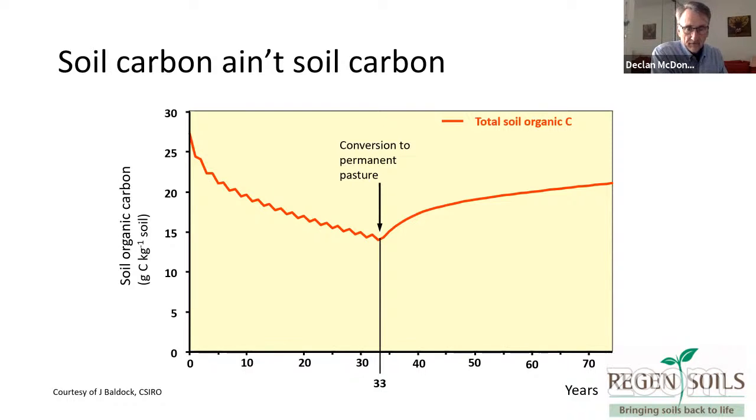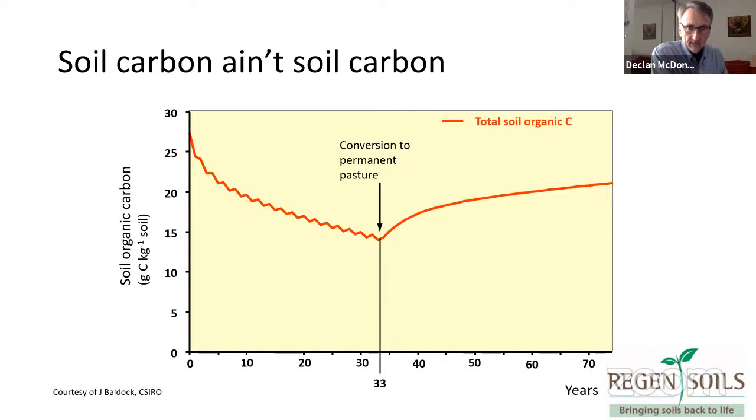And after 33 years, we see a steady stepped decline of organic matter. And each one of these steps would coincide with either some kind of tillage operation or some kind of cultivation where we have a short acceleration of organic carbon loss. So at year 33, the system is converted back to permanent pasture.